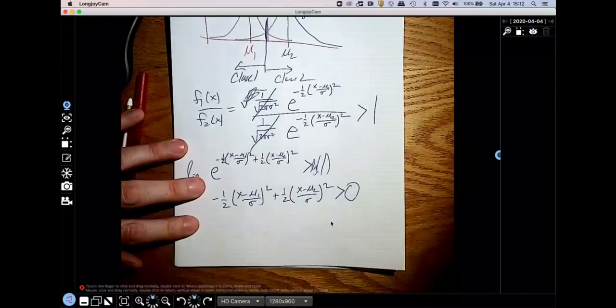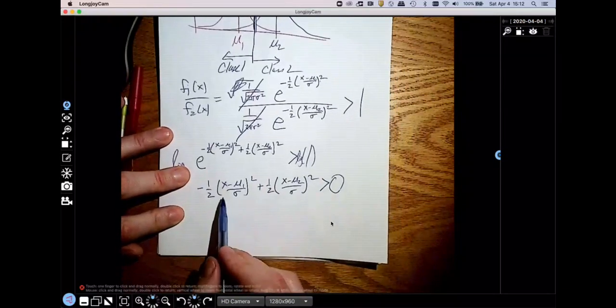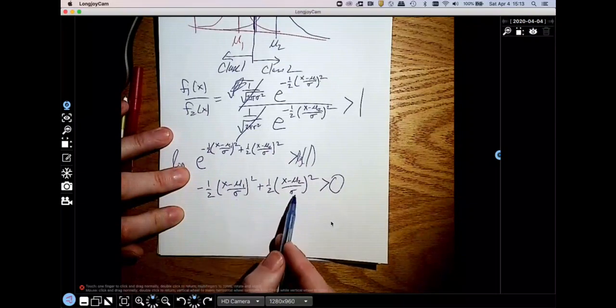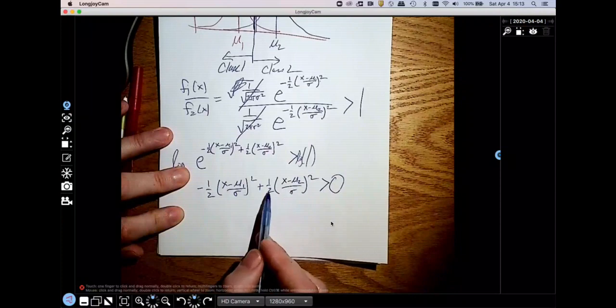All right. Now I'm going to add this term to both sides, and I'm going to take this out of the denominator.